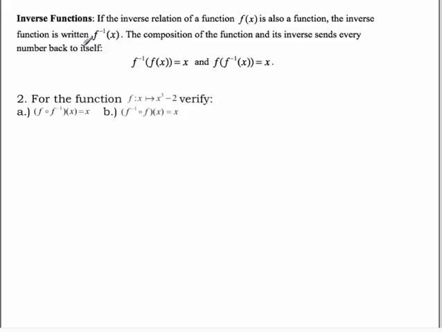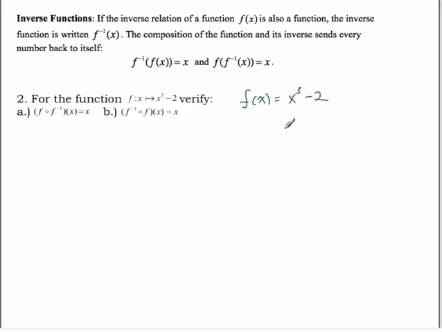All right. So here's another important fact, that the composite of the function and its inverse is the identity function x. So they both have to be true. And let's check that. Let's say f of x, we already know, is x cubed minus 2.